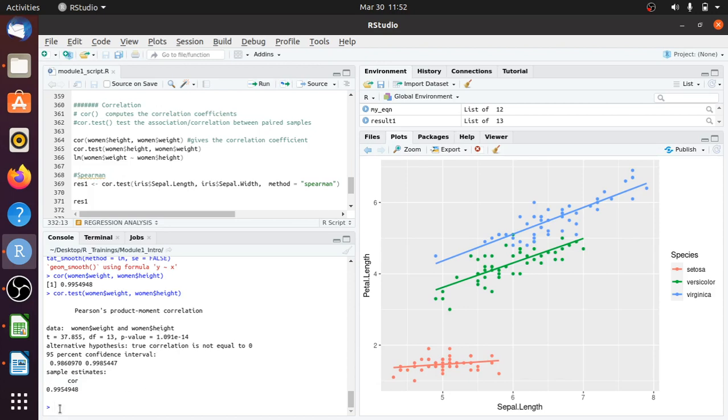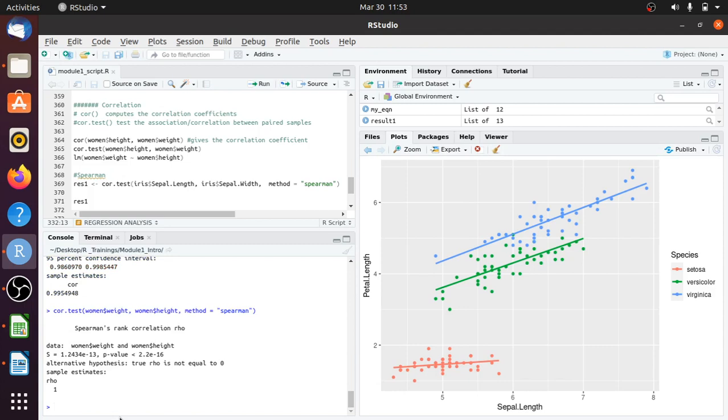Okay, if we were to specify another method of correlation association, we just do the same thing, but this time around we just say method. We specify the method, spearman.